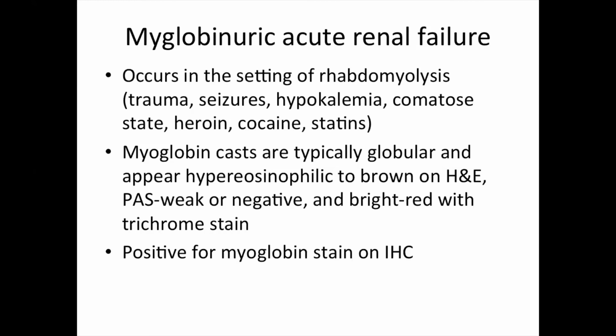All of these can give us myoglobinuric acute renal failure. The casts are typically globular, and they appear hypereosinophilic to brown on H&E, and in PAS they are weak or negative, and like you have seen, they are bright red with trichrome stain. And they are positive حق myoglobin stain on IHC.